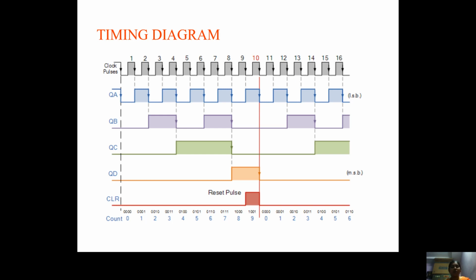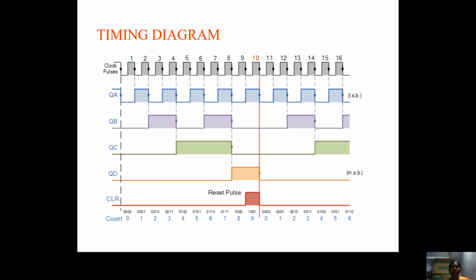Okay, so 4 clock, 8 clock pulses. So here it will become high again. And if you observe here, whenever QA and QD are 1, the NAND gate will generate a reset pulse, which is the input to the clear.